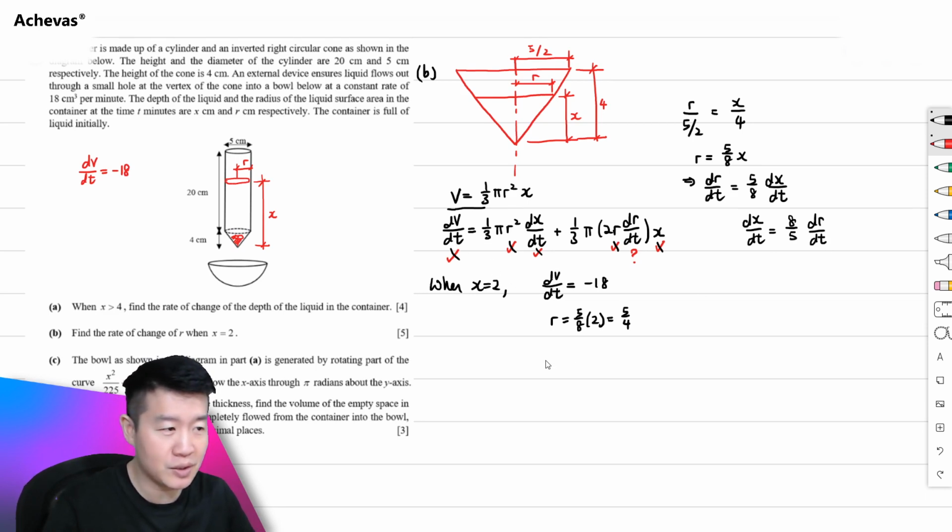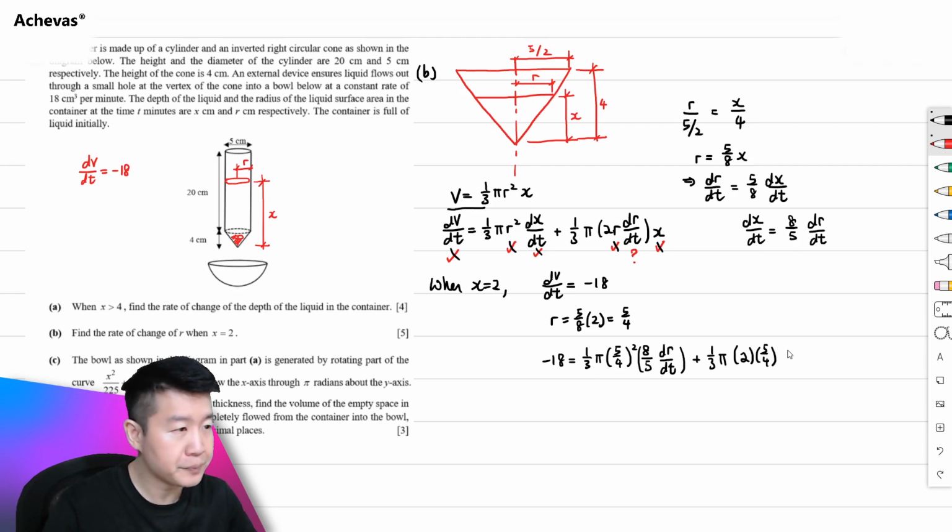So if I substitute in minus 18, this is equal to 1/3 pi of r, r is 5/4, squared. dx/dt will be 8/5 of dr/dt. Then plus 1/3 pi of 2r, r is 5/4.